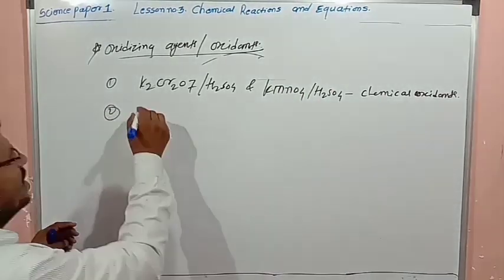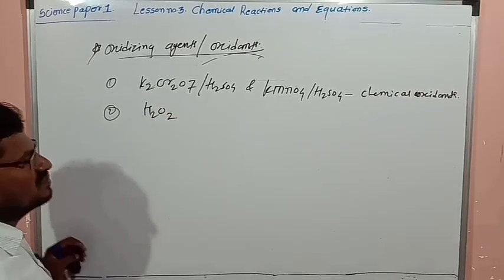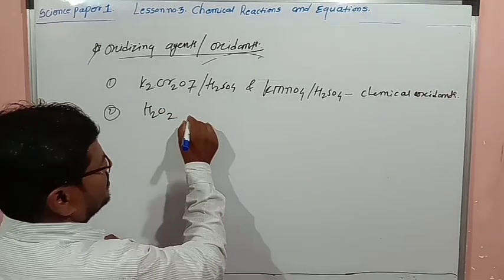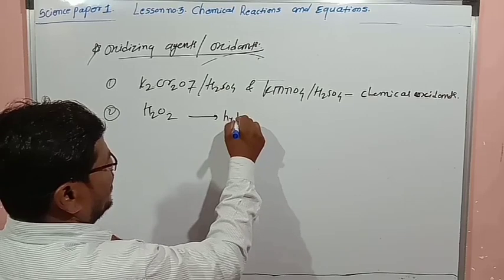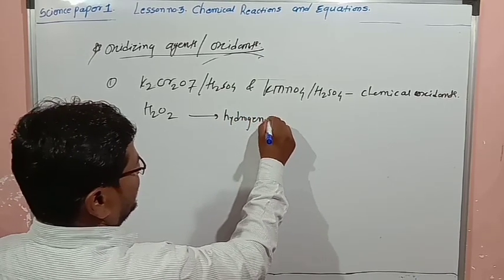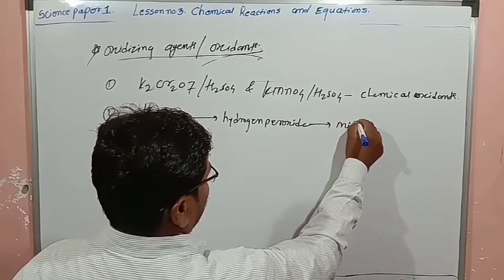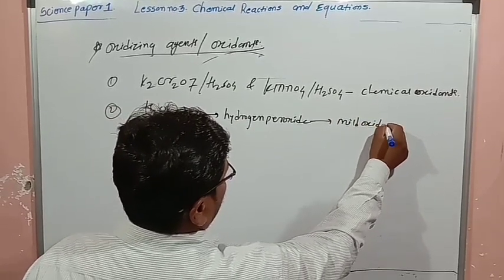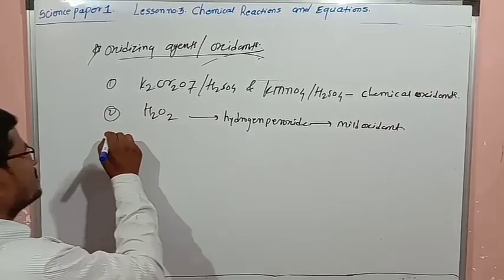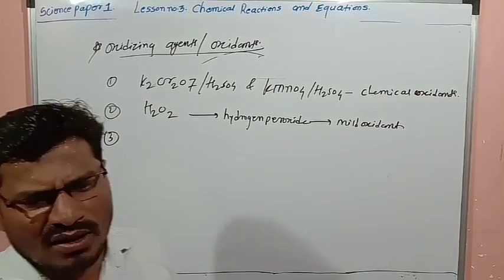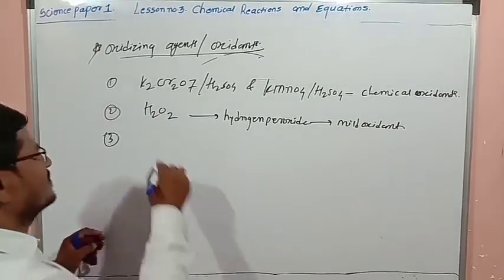Second one is H2O2, hydrogen peroxide, and it is a mild oxidant. Third one is ozone.